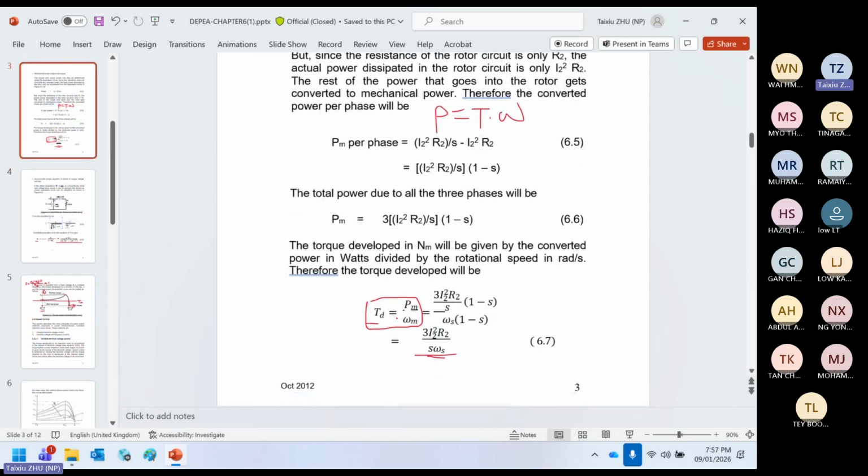You will be given the rated speed and the motor power. Actually this one is the mechanical power before the losses. Then from here, if you have power and you have the motor speed in terms of radians per second, you can find the torque.